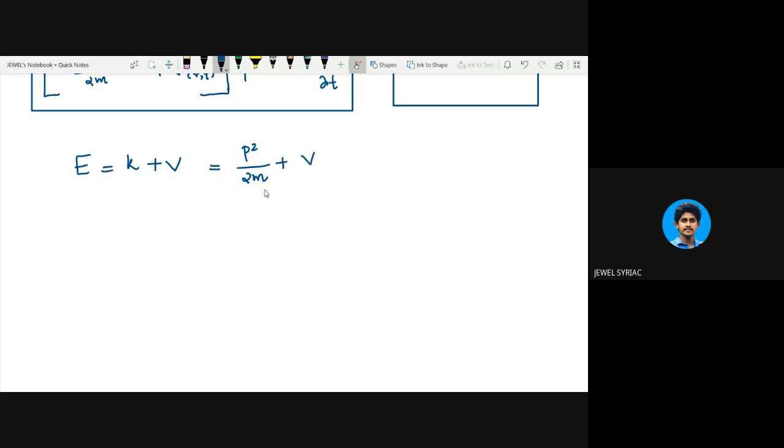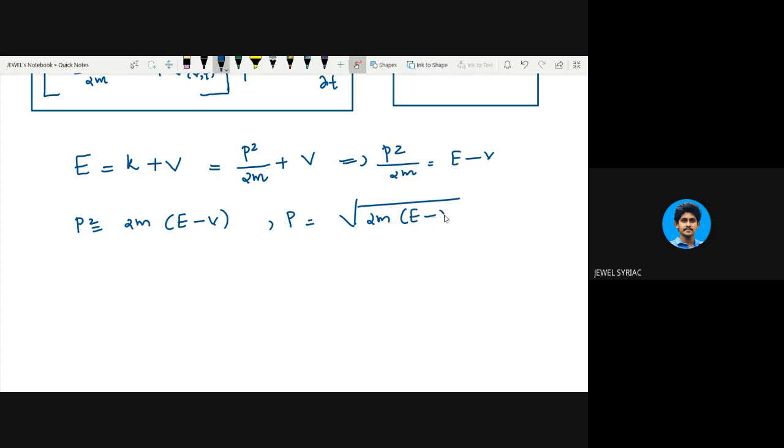Now we can reduce this expression as p square by 2m is equal to E minus V. Okay, or p square is equal to 2m into E minus V, or we will get that p is equal to root of 2m into E minus V. Okay, so എന്താണ് ചെയ്തത്?